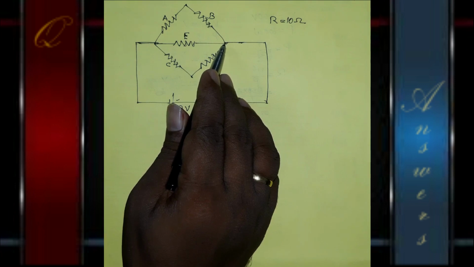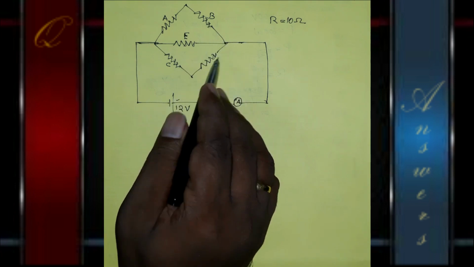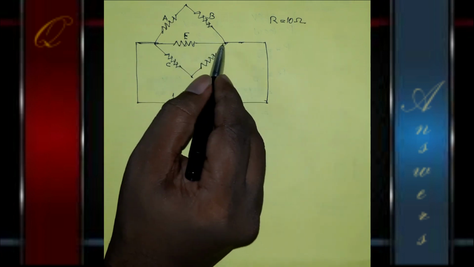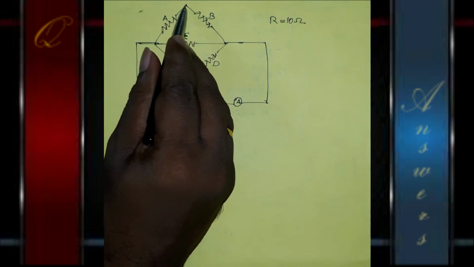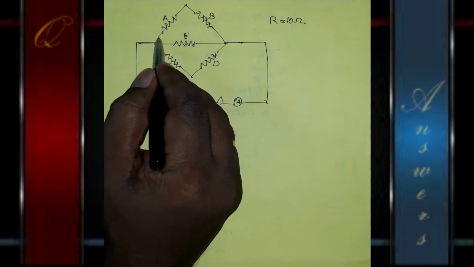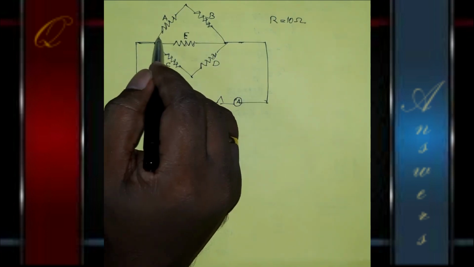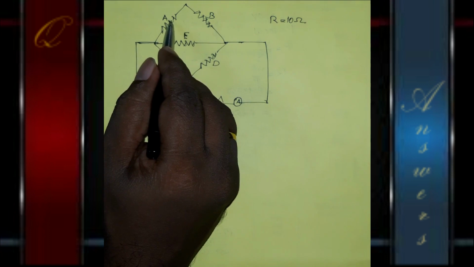When it reaches here, it splits up into 3 because 3 paths are there. The current passing through this resistance B and the current passing through this resistance A are the same. Same current will be flowing through B and A. So B and A will be in series.